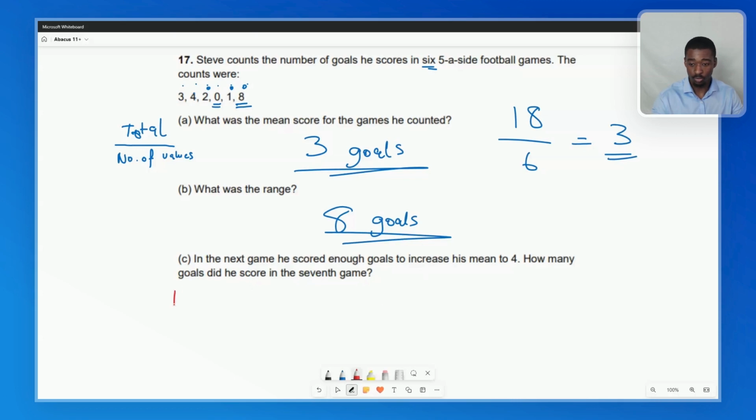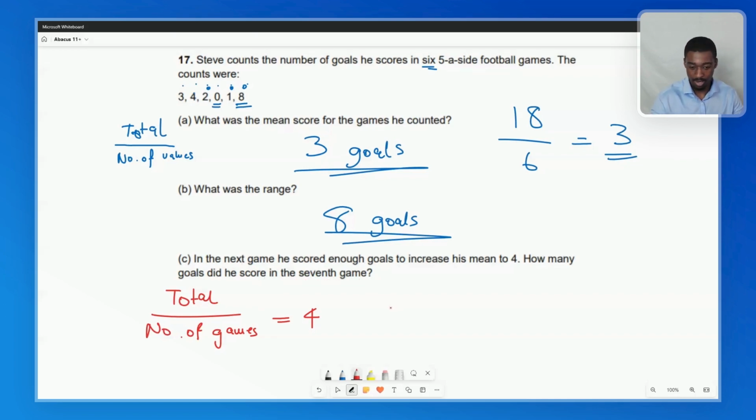So the total over the number of values, or in this case, number of games, is no longer 3. It's now 4. What else do we know? Well, we also know the number of games has increased, right? It's gone up because he's played an extra game in the next game. So now we have not 6 games, but 7 games.